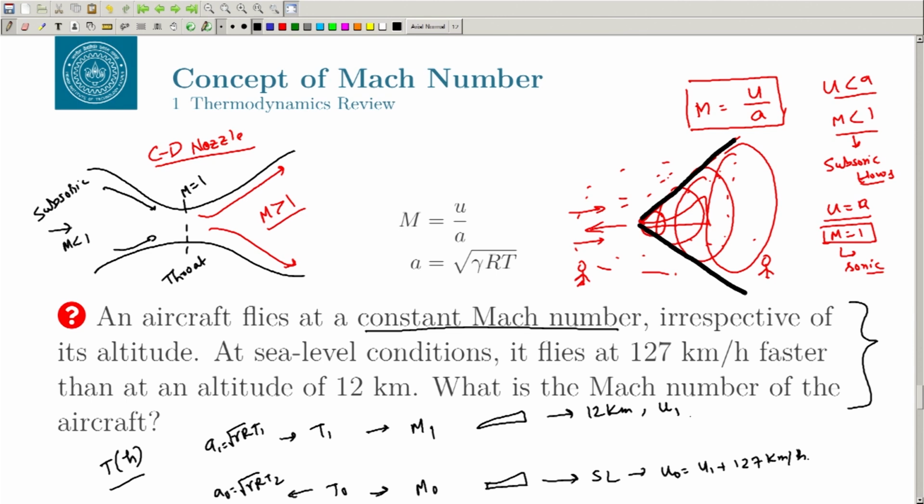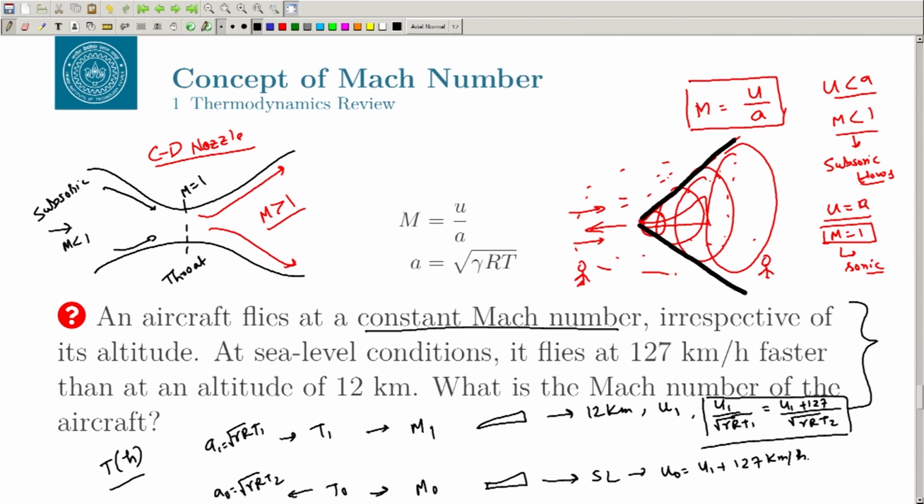So, that means u1 by square root of gamma R T1 will be equal to u1 plus 127 kilometer per hour divided by square root of gamma R T0, because the Mach number remains the same.